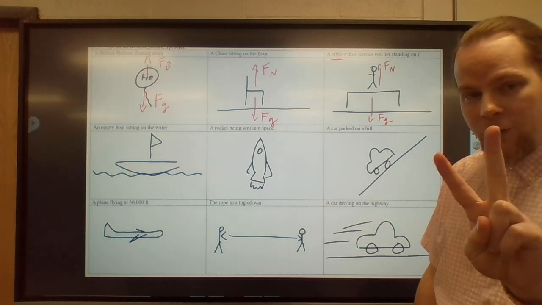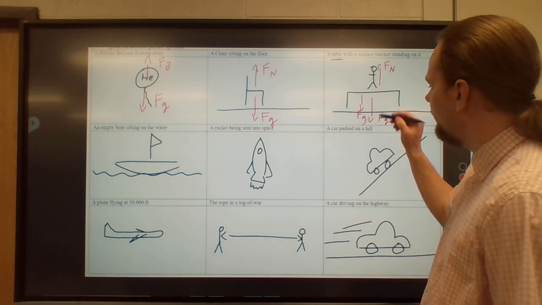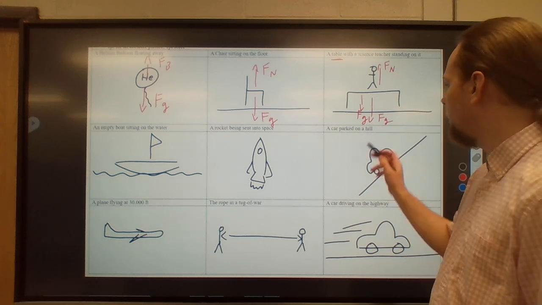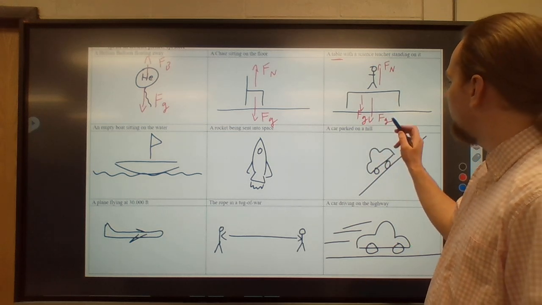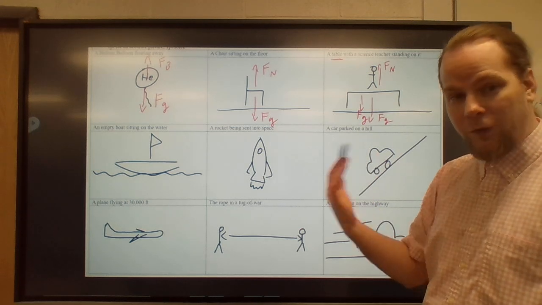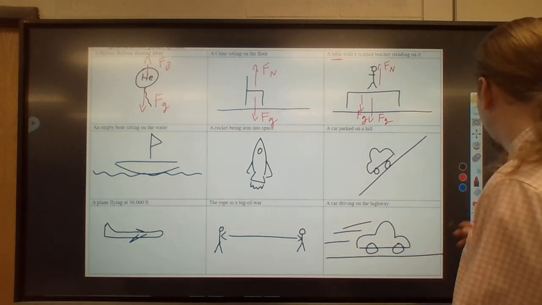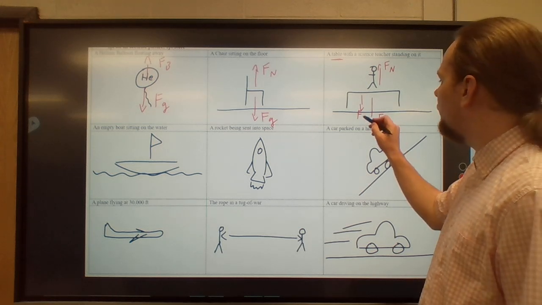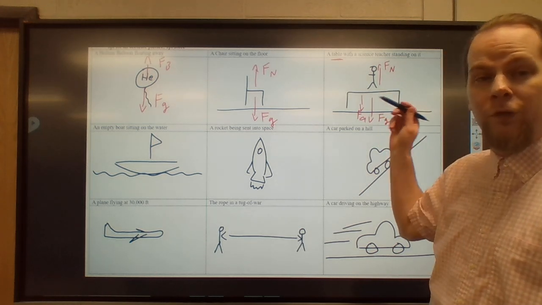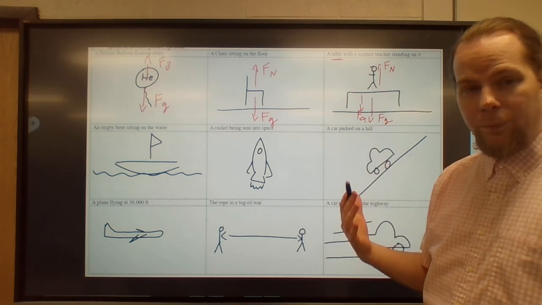So there are two ways you can note this. You can put a second FG, which is fine. You need to note which one's which, so you need to say science teacher and table, so that we can tell that you didn't just put the same force twice. But the more accurate way to put this would be to call it an applied force, because the science teacher is applying a force. He's pushing on the table.